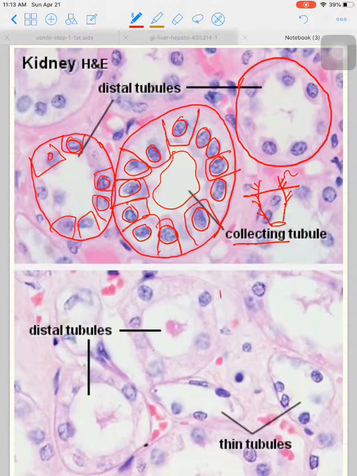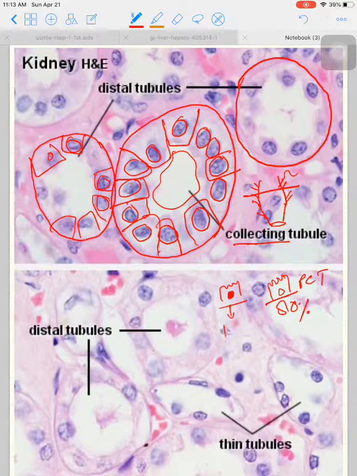The cuboidal cells have microvilli, but very few compared to the proximal convoluted tubule, because 80% of reabsorption takes place in the proximal convoluted tubule. The distal convoluted tubule does not have such significant reabsorption, but it is significantly used for the reabsorption of water and electrolytes.